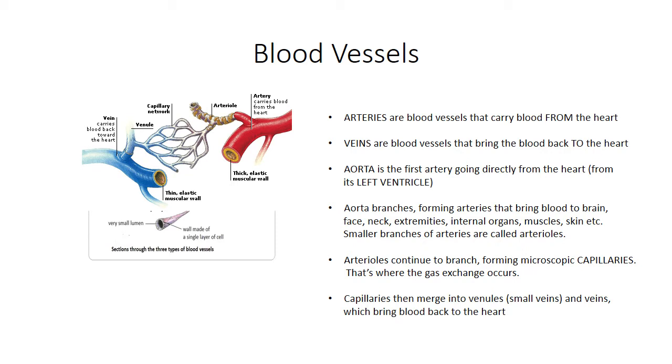Right. So large arteries like the aorta or pulmonary artery have relatively stable volume. They do not widen or become narrow.